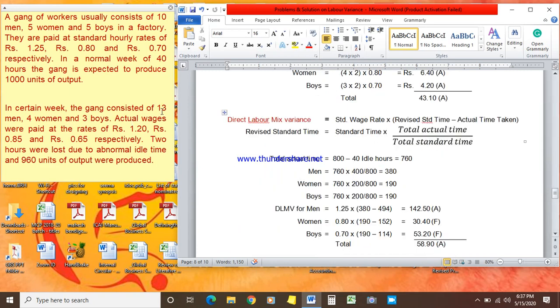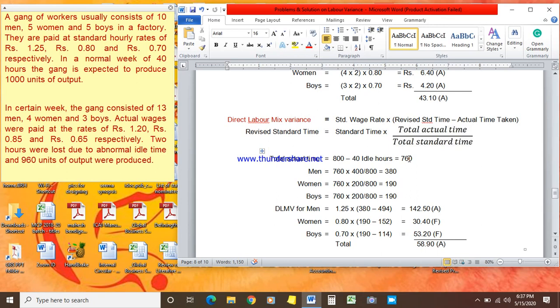If you observe, that is 13 plus 3 is 16, 16 plus 4 is 20. So there are in all 20 workers and 2 hours is idle, so 20 into 2 is 40. Which means out of 800 hours they are supposed to work, 40 hours is the idle time. So if I minus this, the actual time they have spent is only 760 hours.